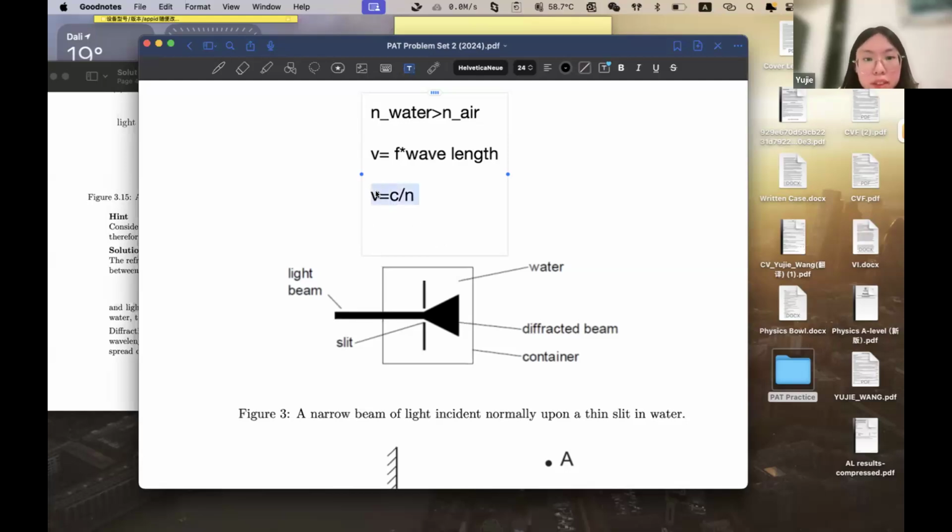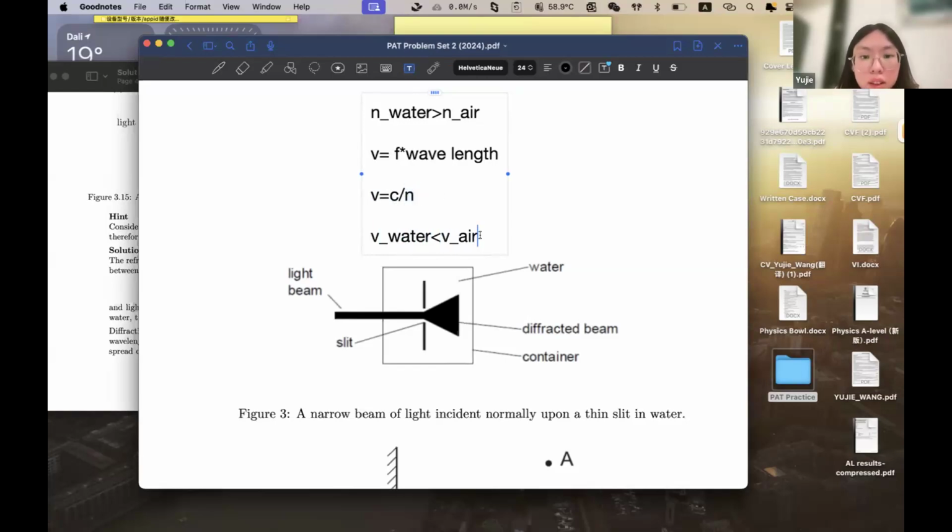Because of this equation, we can see the velocity of light in the water would be smaller than the velocity of light in the air, because the refractive index of water is larger.